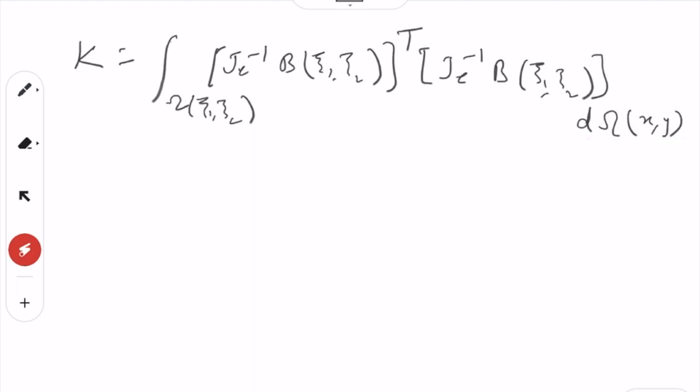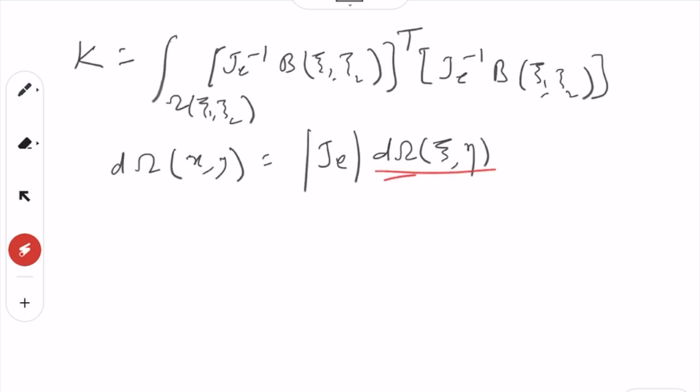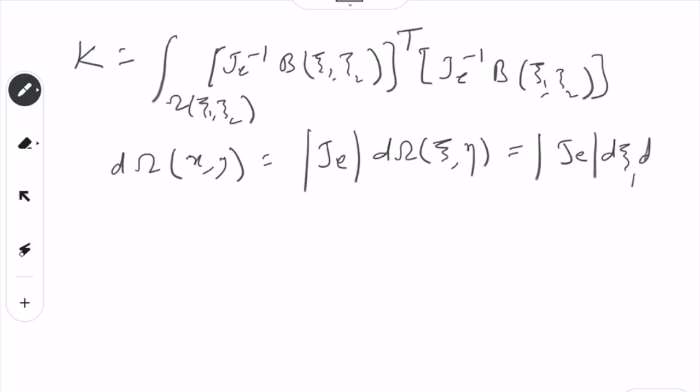But we know that d omega xy is equal to the determinant of J e times d omega in xi 1, xi 2.